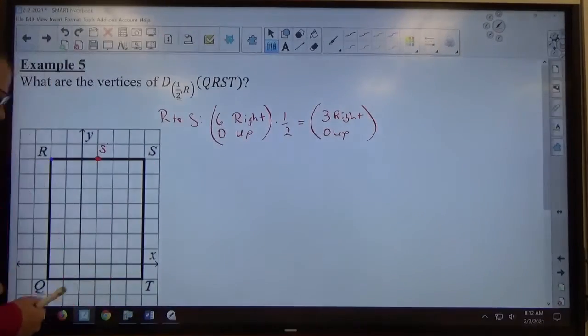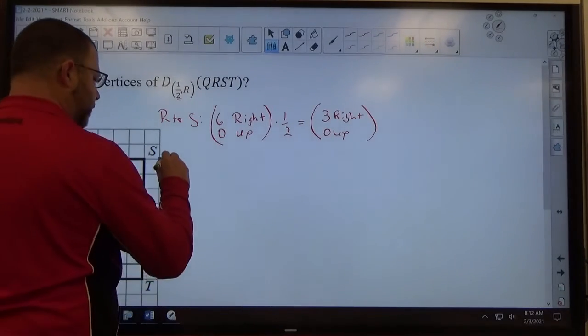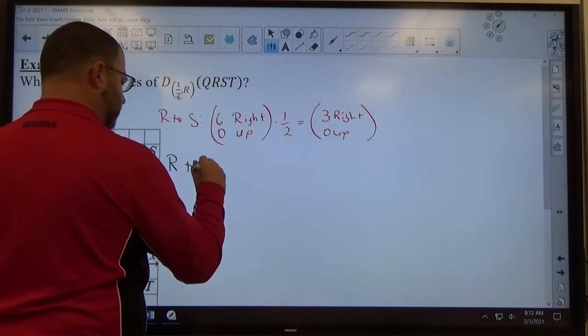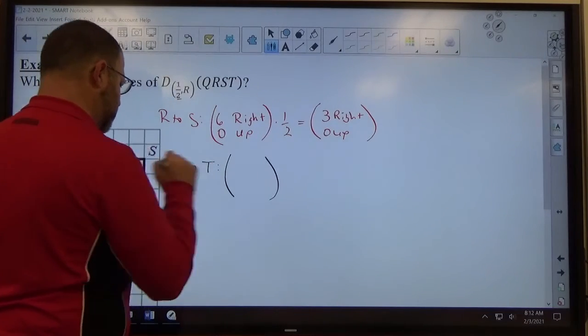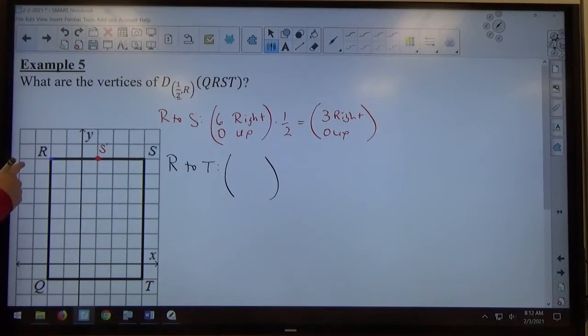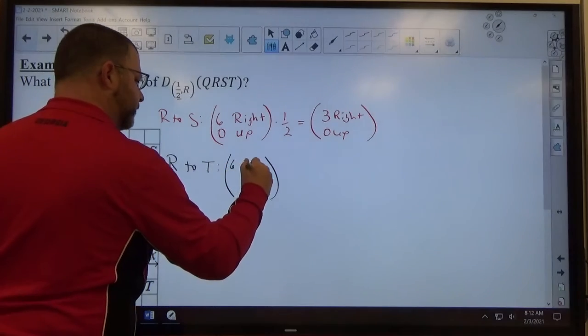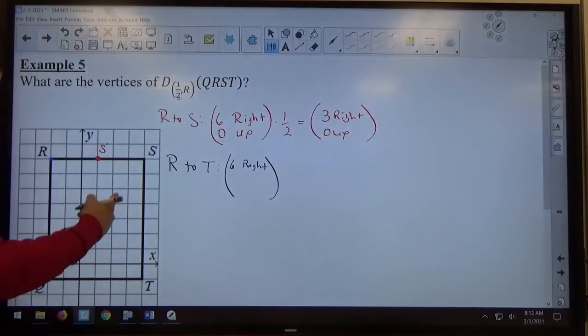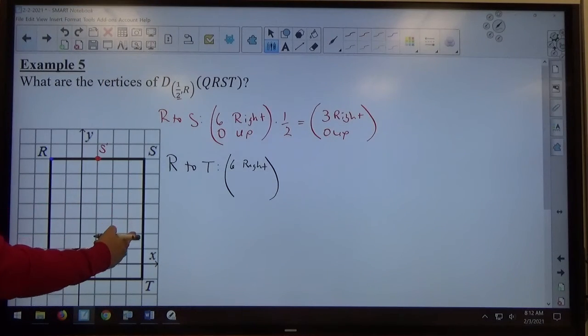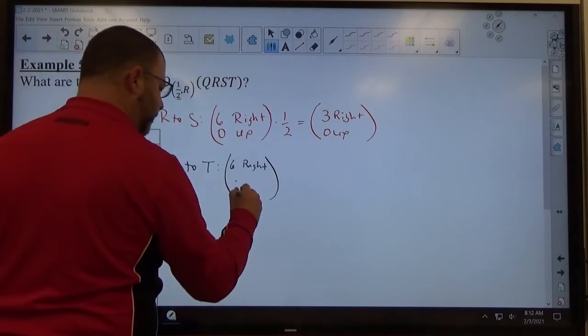If we look at the letter T, R to T, and I count how to get there, I'm going to go 6 spaces to the right, and I'm going to go 1, 2, 3, 4, 5, 6, 7, 8 spaces down.